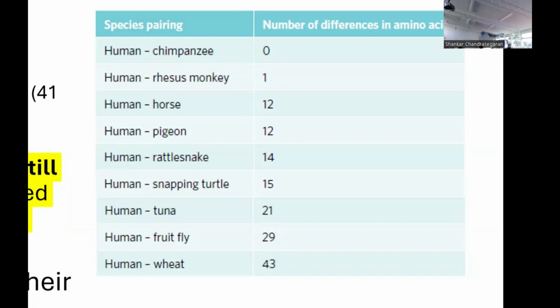The divergence would have happened much more recently, basically a few million years ago only, because we've only accrued basically one difference, and between chimpanzees and humans it would have happened super recently.